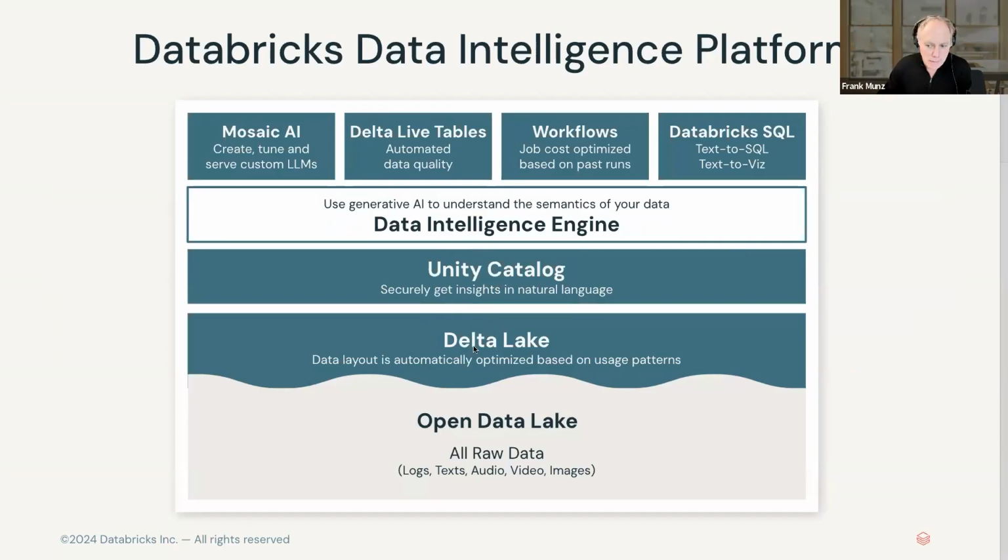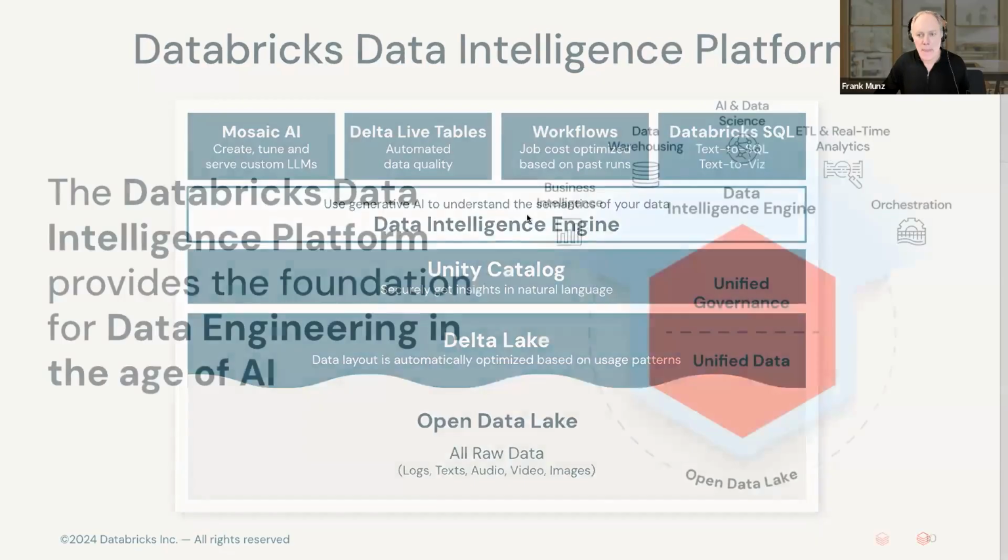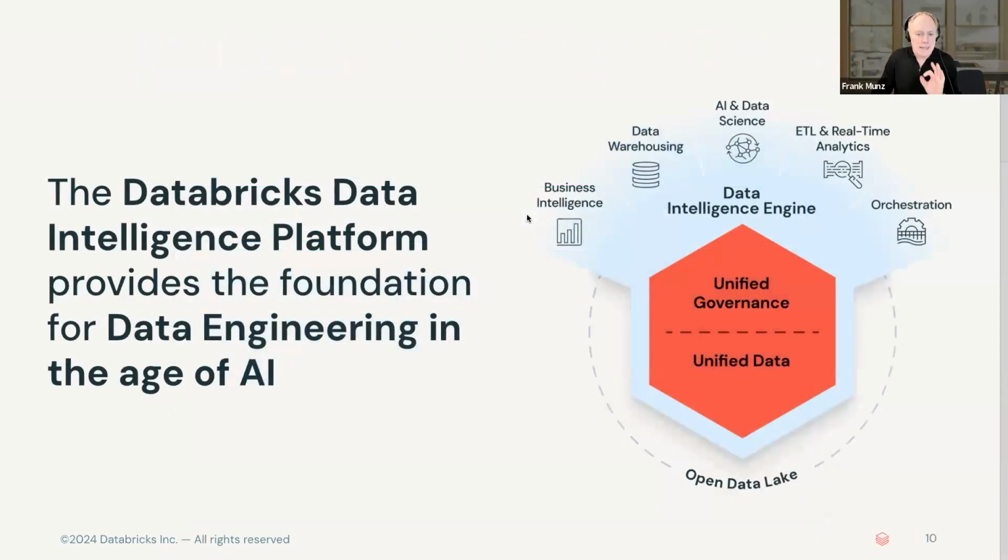And that is also understanding your code and all the notebooks, and you can search across them. And this is the underlying layer that we use for the assistant and for something we call Genie that we also have a brief look at later. Okay, so it's the Databricks data intelligence platform that gives us this foundation for data engineering in the age of AI. That's the short takeaway.